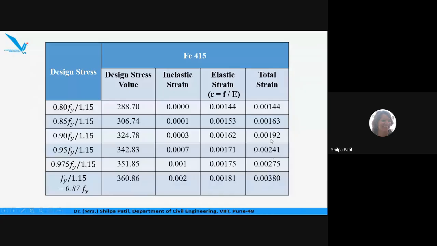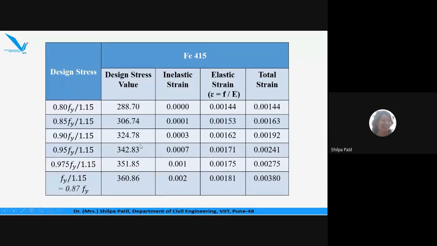The value 0.0025 lies between 0.00192 and 0.00241. So I have to interpolate between these two values, considering the corresponding design stress values of 324.78 and 342.83 respectively.